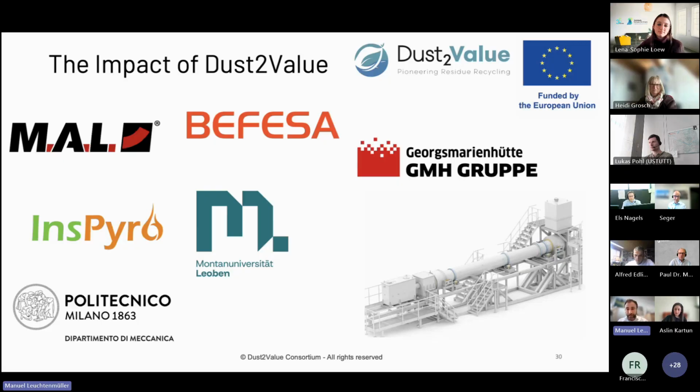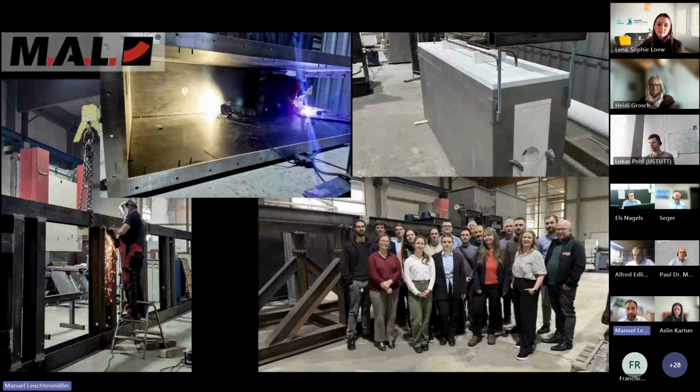You see on the right side the CFD model of our rotary kiln, and we just had 1 week ago a meeting in Austria at Semmering, at Hönigsberg, place of Email, where we visited the construction and checked the current status.